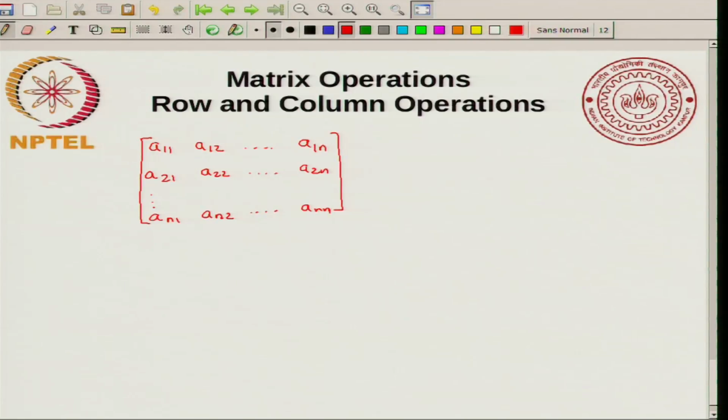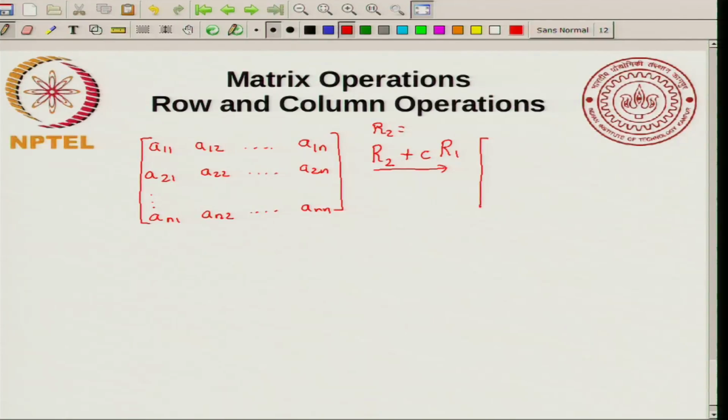I can do this for square or rectangular matrices. A row operation is something like R2 plus C times R1, which means row 2 is equal to row 2 plus C times row 1.